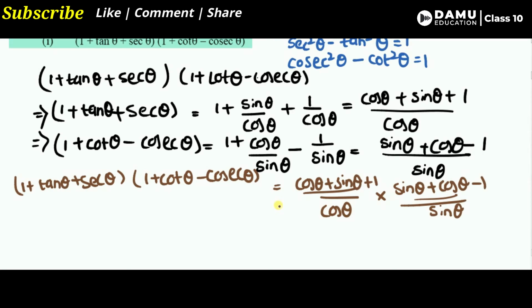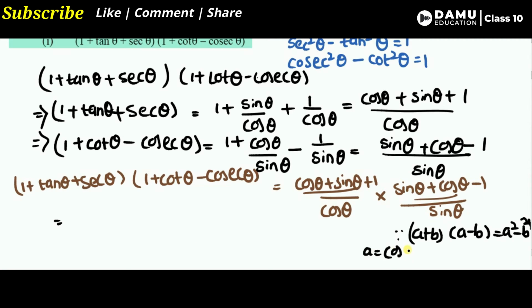If you take these two as one group and these two as another group, we can use the formula (a + b)(a − b) = a² − b².